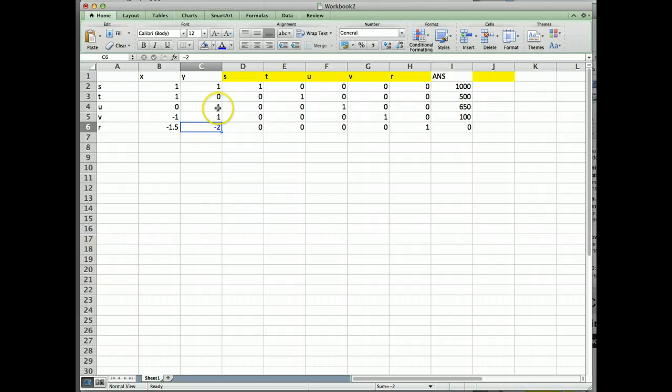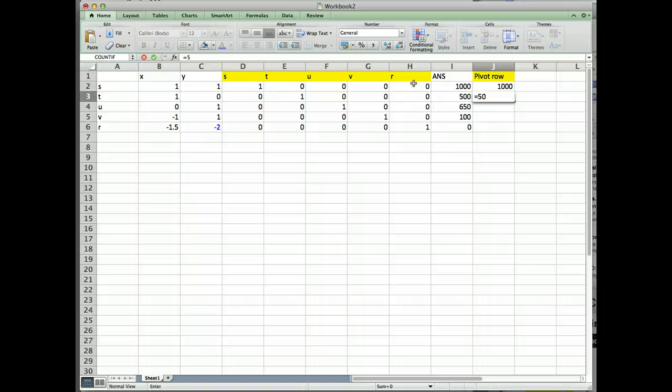Within this pivot column, we need to find a pivot row. I'm going to put some scrap work over here on the last column by dividing the answer, or the solution, by that number in the pivot column. So 1,000 is my first solution, and the number 1 is in the pivot column in that row.